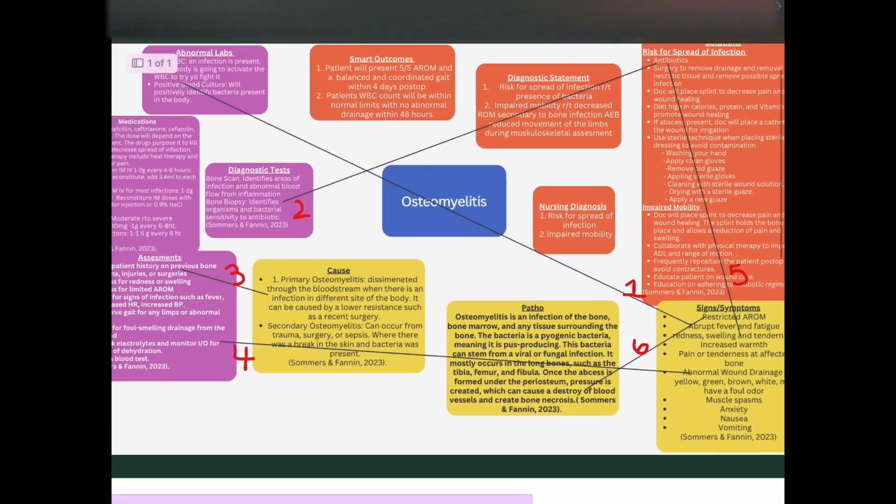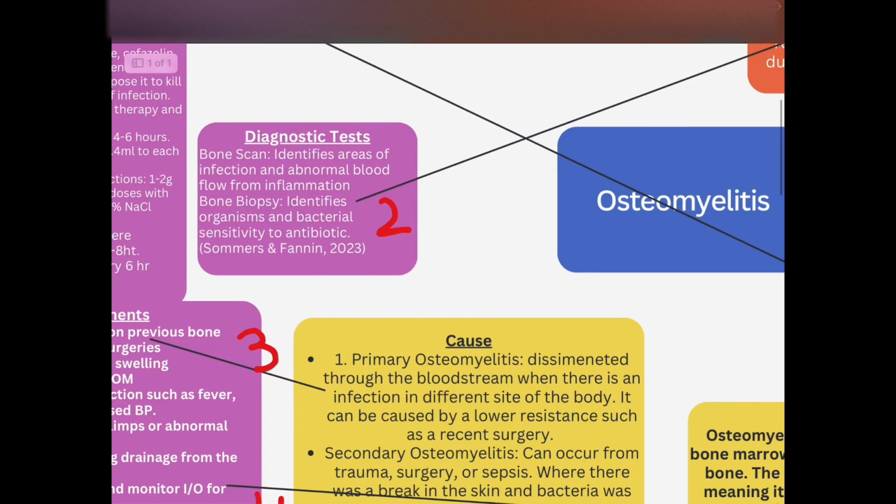Okay, so diagnostic testing. These are kind of like our go-tos, our gold standard for identifying if osteomyelitis is present. So we do have a bone scan. This is going to identify areas of infection and abnormal blood flow from the inflammation. And then a bone biopsy is going to identify organisms and bacterial sensitivity to antibiotics.